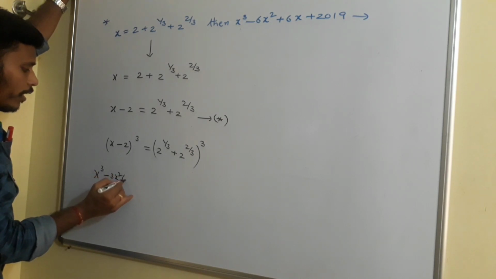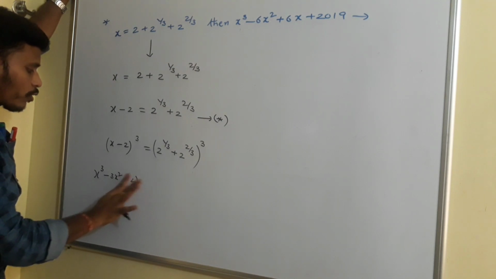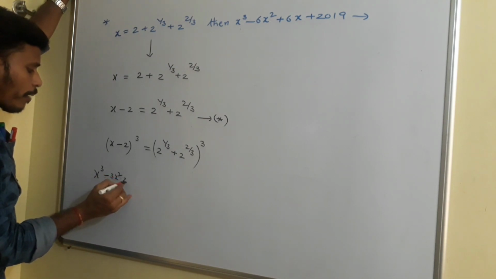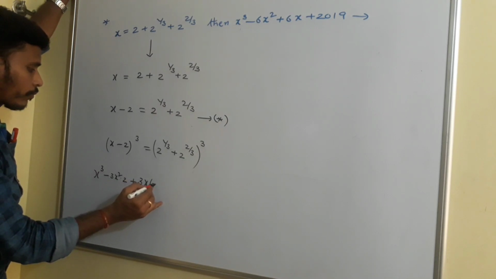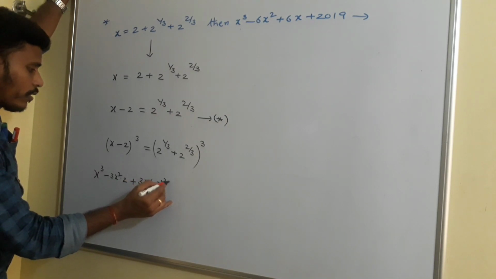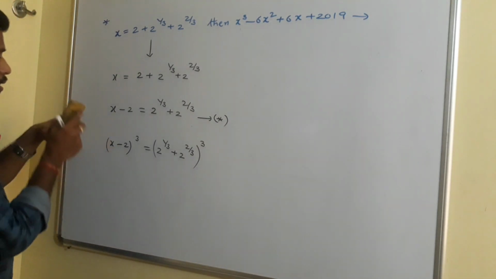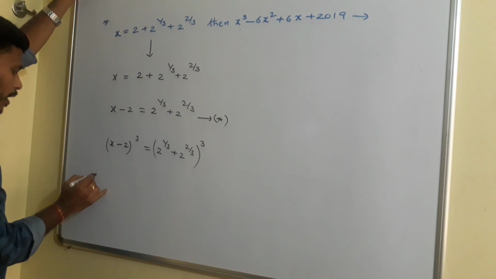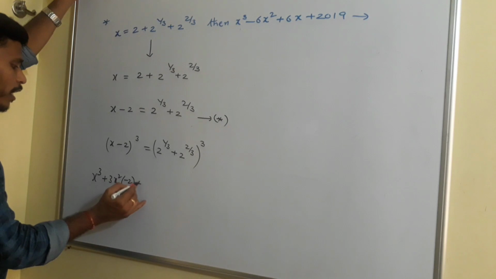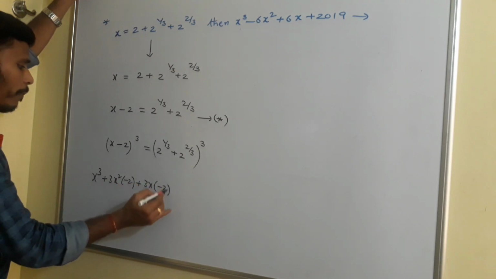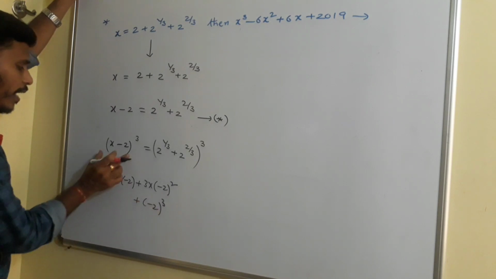If you treat that b as minus 2, you will write it like this: x cube plus 3x square into minus 2 plus 3x into (minus 2) square plus (minus 2) cube. This is (x minus 2) whole cube.